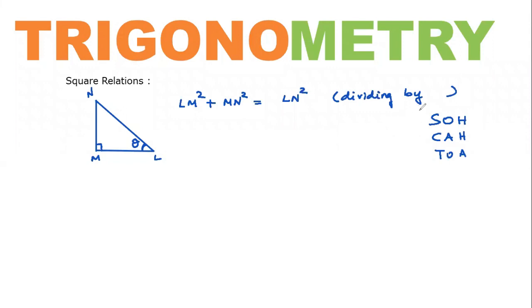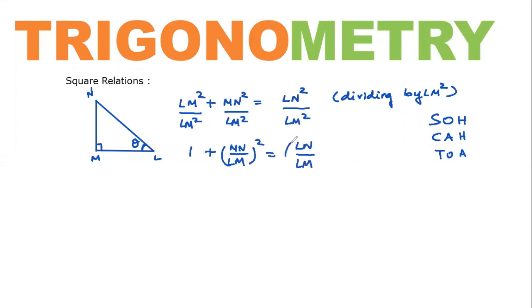Now dividing both sides by LM squared. LM squared upon LM squared plus MN squared upon LM squared is equal to LN squared upon LM squared. LM squared upon LM squared will be 1, plus this can be written as MN upon LM whole square is equal to LN upon LM whole square.